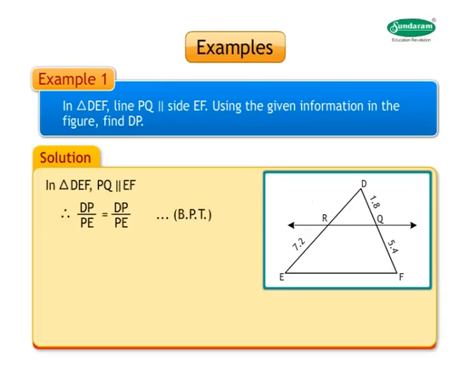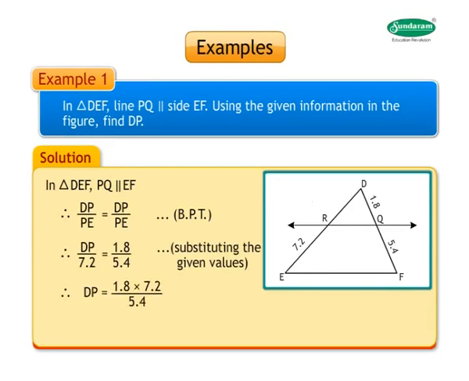Therefore, by basic proportionality theorem, substituting the given values, we get DP upon 7.2 is equal to 1.8 upon 5.4. Therefore, DP is equal to 1.8 into 7.2 upon 5.4. Therefore, DP is equal to 2.4 centimeters.